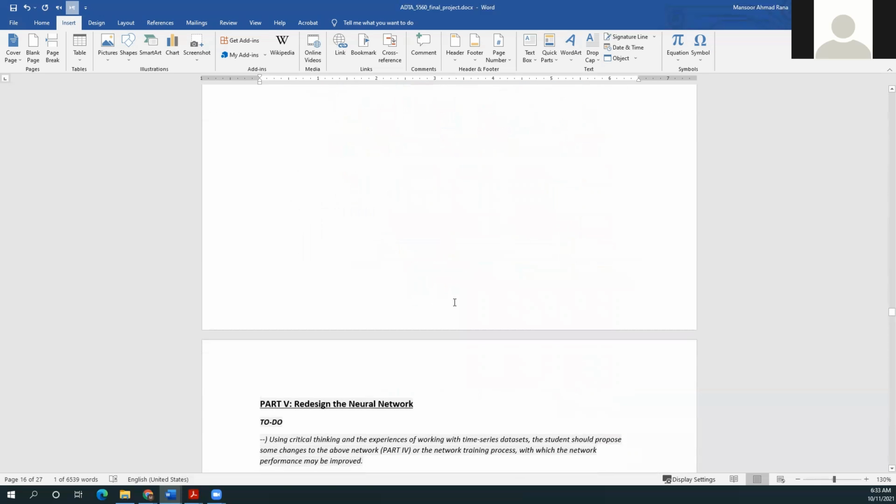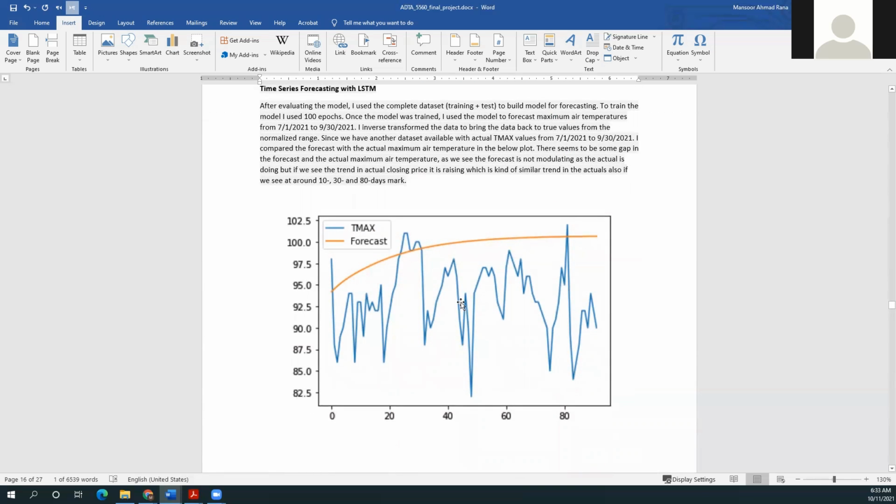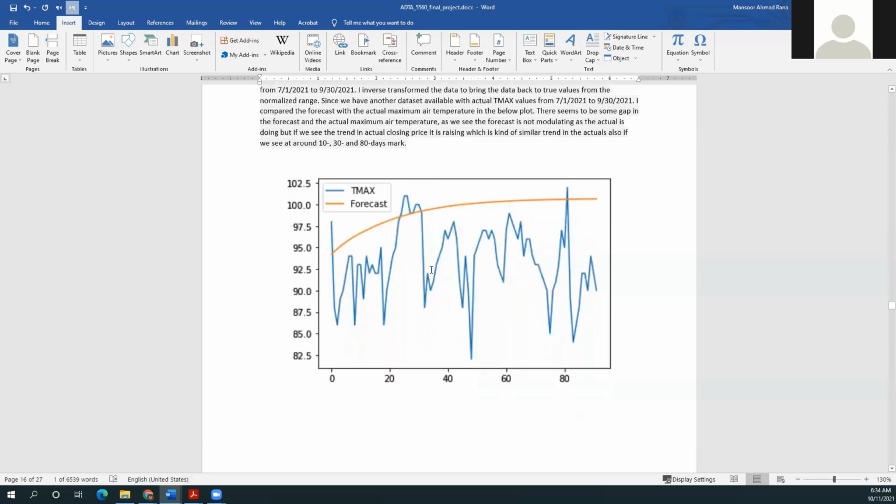So this model is forecasting the trend in a good way, but the actual values are not as accurate as we were expecting.